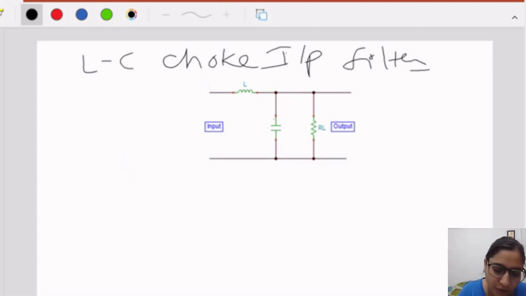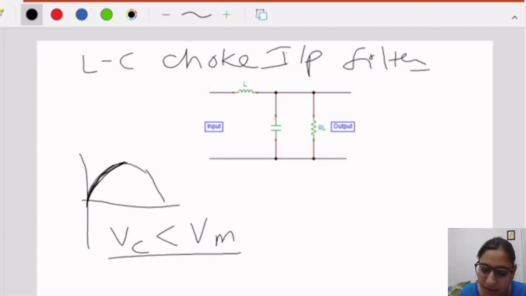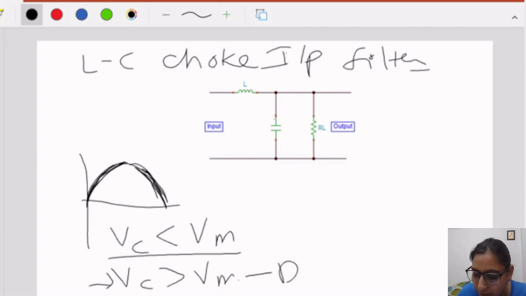Similarly, for the capacitor, what do we have? In this case, if this is the higher peak or the signal is increasing, then the capacitor voltage is smaller than Vmax, and at this time the capacitor will charge. When Vmax is lowering down, the capacitor voltage is greater than the input voltage, so the capacitor will discharge.